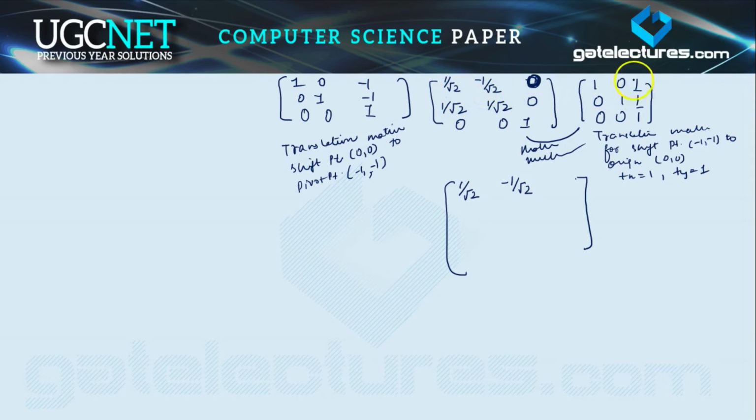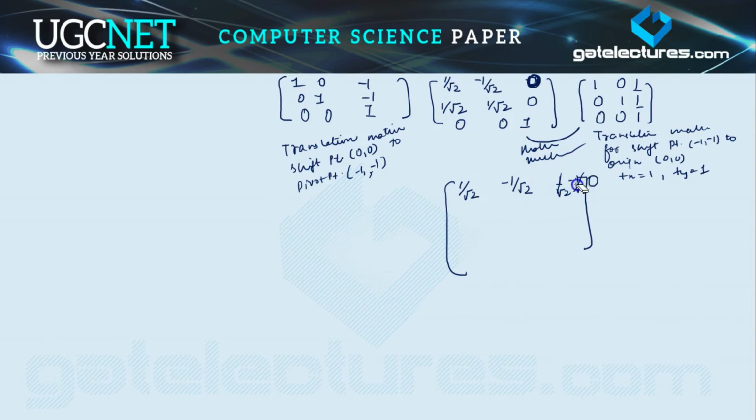Then this row and third column, so 1 by root 2, and this is going to be minus 1 by root 2, and this is going to be 0. 1 by root 2, and this is minus 1 by root 2, so this is going to be cancelled, right? Now the answer will become 0.